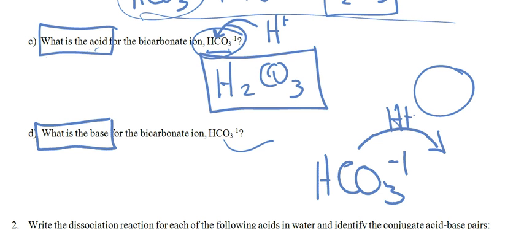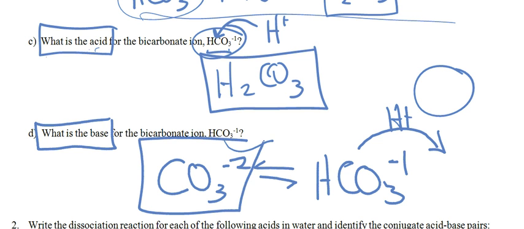We don't care what it's giving away. Okay, so on the other side, boom, there it is. CO3 with the -2. So what is the base for this acid? Well, acids give away hydrogen. I hope those 4 examples have helped you to understand what this question's asking and not necessarily made it a little more confusing.